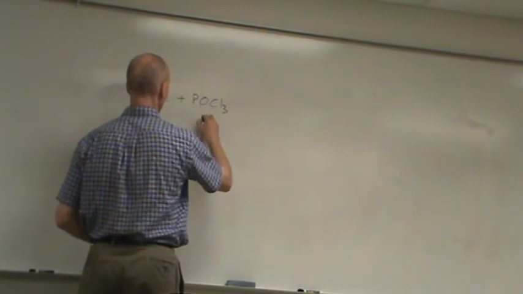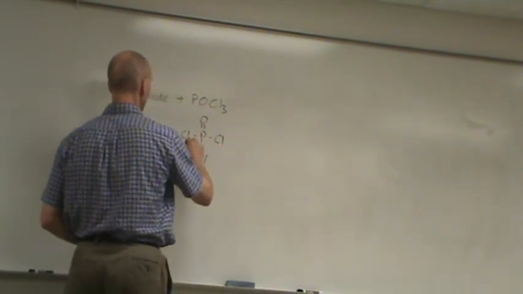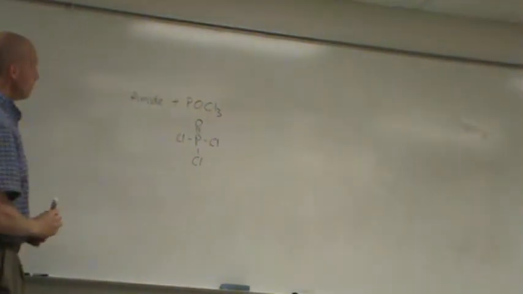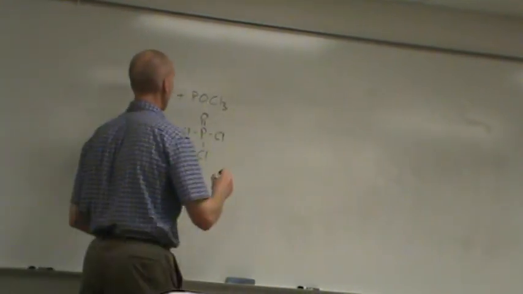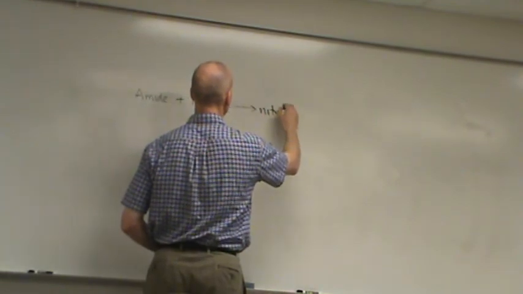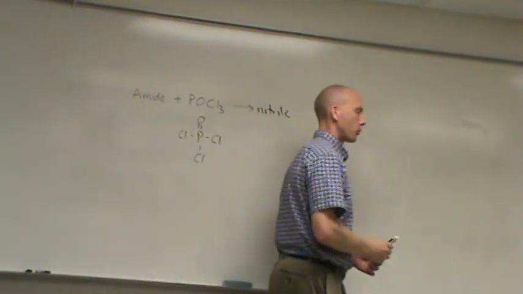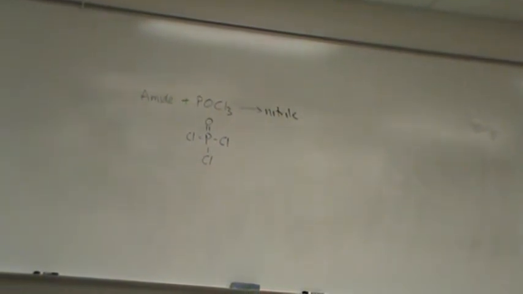POCl3 has this Lewis structure. And what this reaction does is it forms a nitrile. So we haven't learned how to form a nitrile, but here we are.